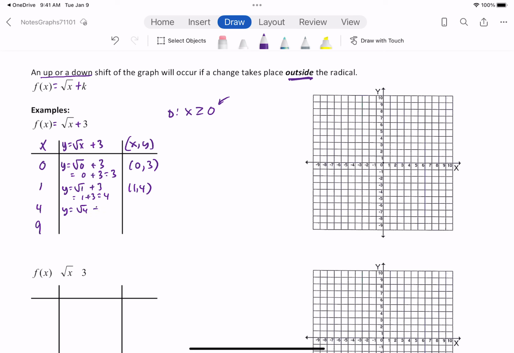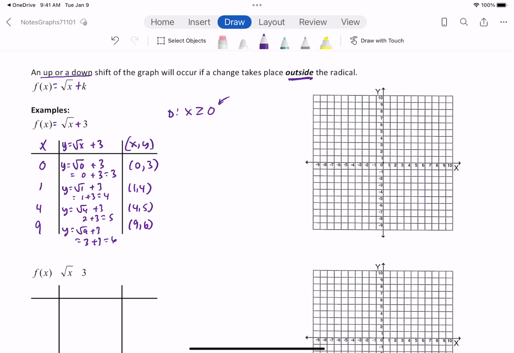If I put in 4, we get 2 plus 3 is 5. And lastly, we get 3 plus 3, so we get the point 9, 6.